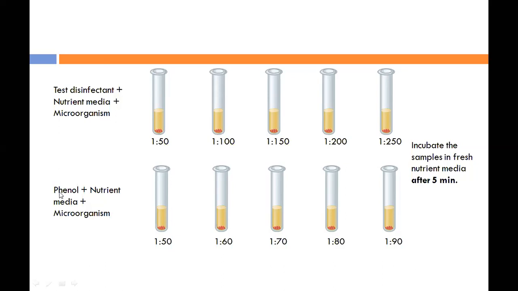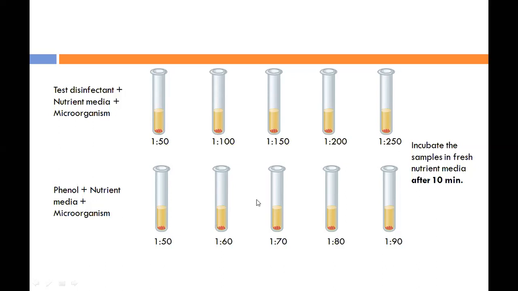Okay, so this was the first set. Why am I calling this the first set? Because we reacted it for a period of 5 minutes. Similarly, you have to repeat this for the next time point, which is 10 minutes. So prepare the whole set again for Lysol and phenol by the same method, but let it react for 10 minutes.